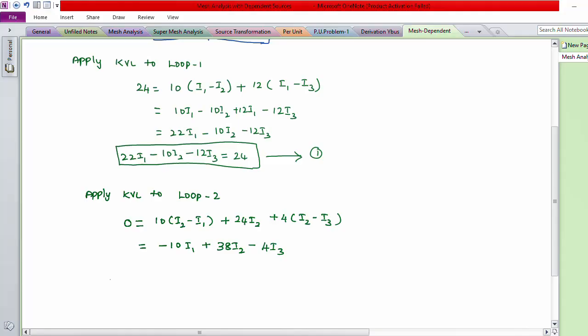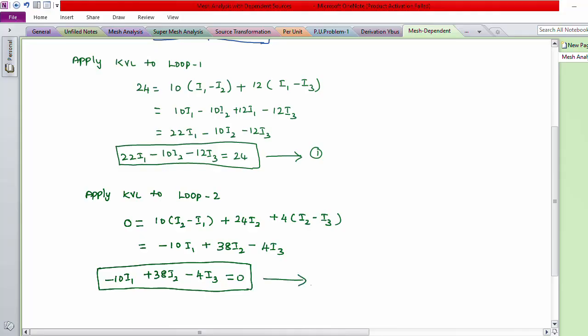So we can rewrite this equation: minus 10 I1 plus 38 I2 minus 4 I3 equal to 0. Take this as equation number 2.